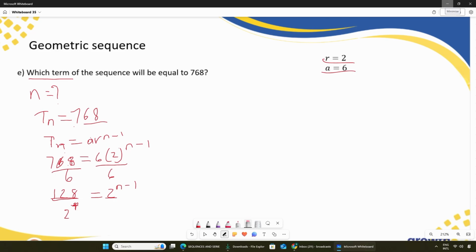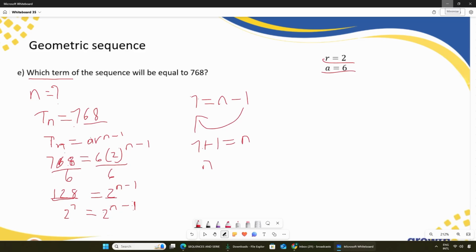So 2 to the power of 7 equals 2 to the power of n minus 1. Now, the bases are the same. That simply means the exponents are equal. So you have 7 equals n minus 1. You take 1 across the equal sign. You have 7 plus 1 equals n.